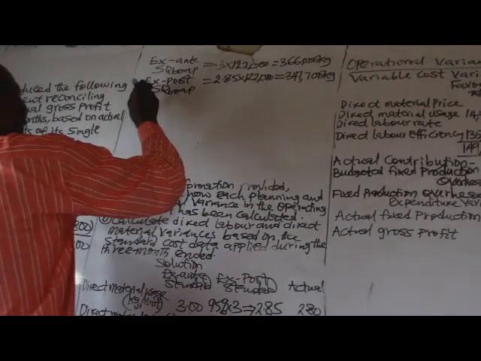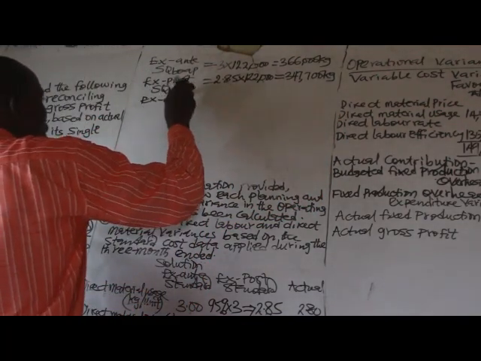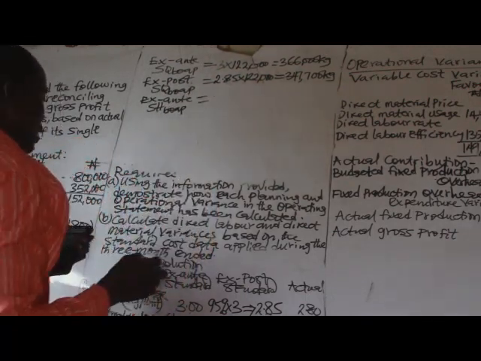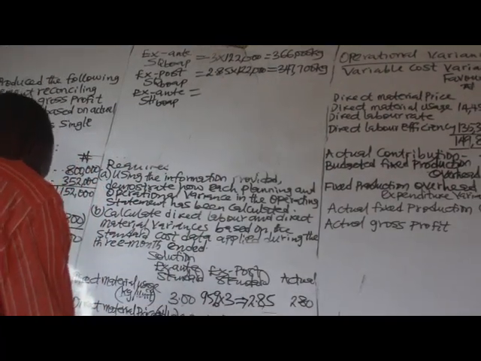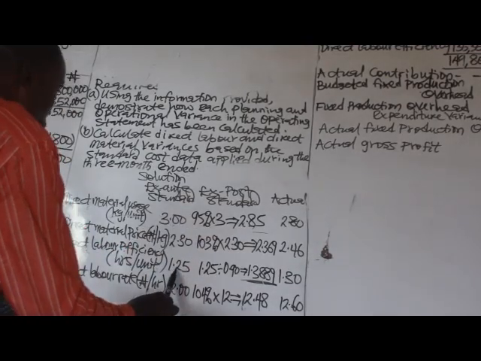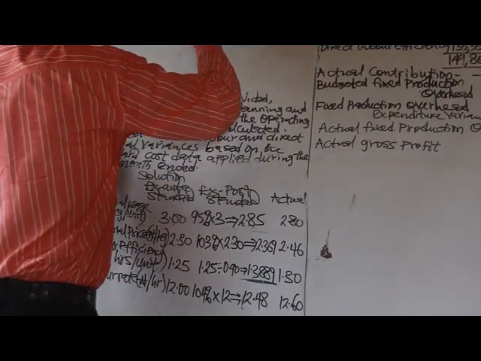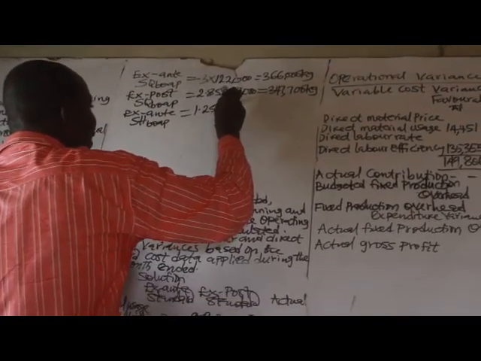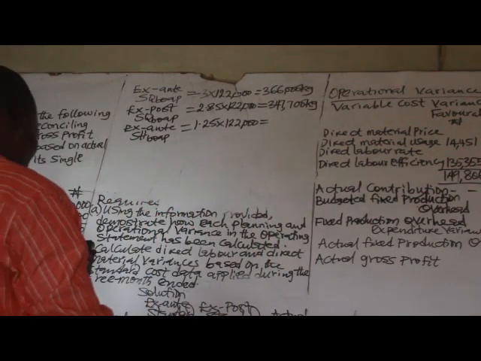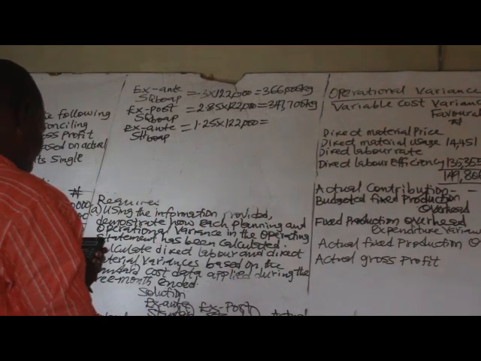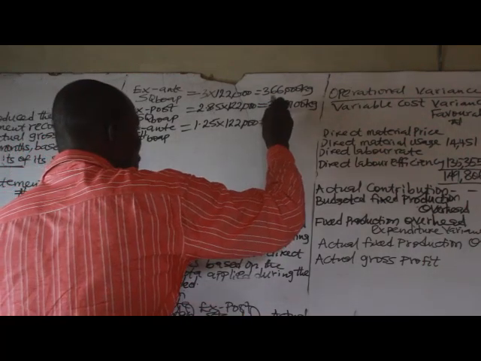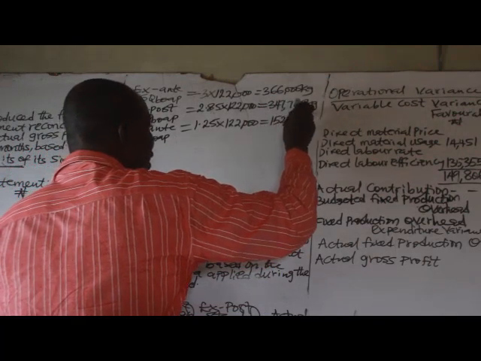So what is the ex ante standard hours based on actual production for the purpose of labor variance? You are given direct labor efficiency, hours per unit. Ex ante is 1.25. So we have 1.25 multiplied by the units sold, which is the same as units produced. 1.25 times 122,000 gives us 152,500 hours.